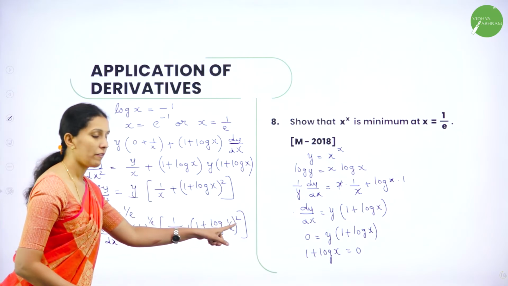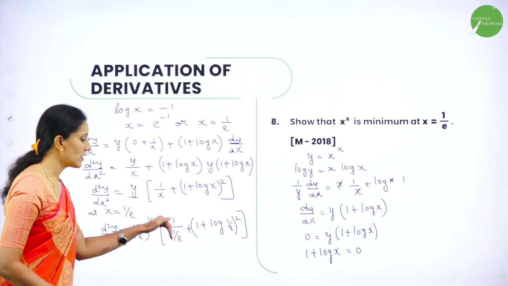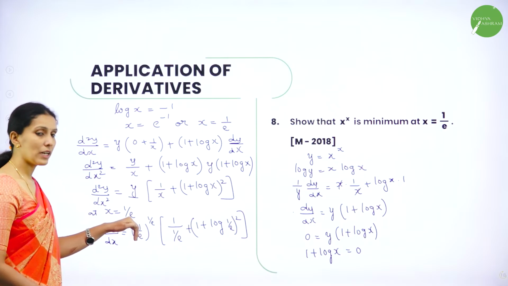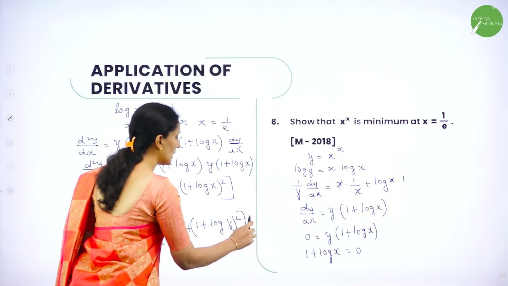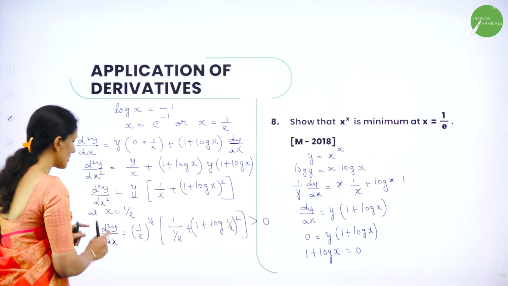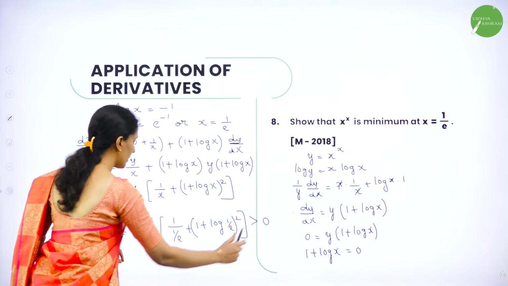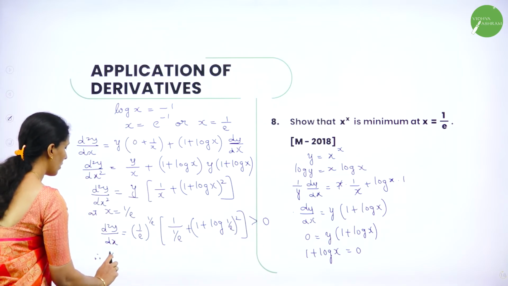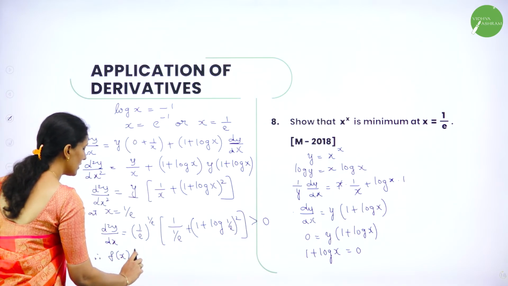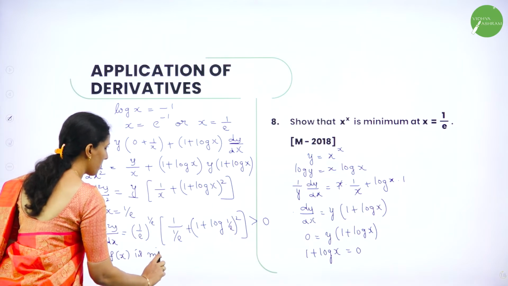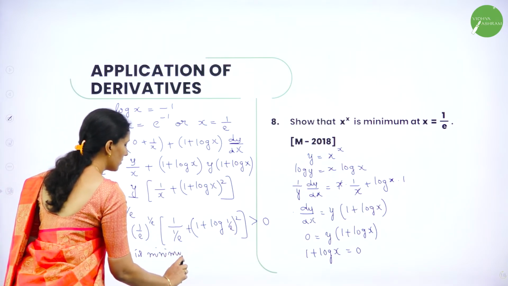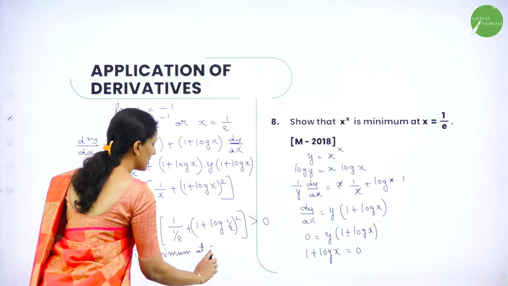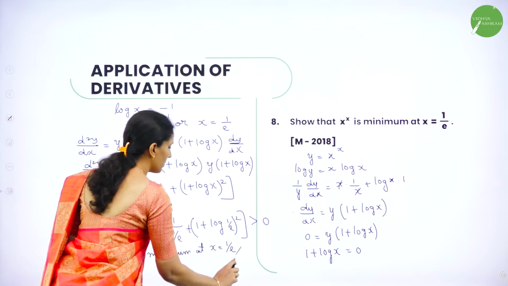So this is a positive function plus a square function which is positive. That means this is greater than 0. Since the second order derivative is greater than 0, what can we conclude? f of x is minimum at x is equal to 1 by e.